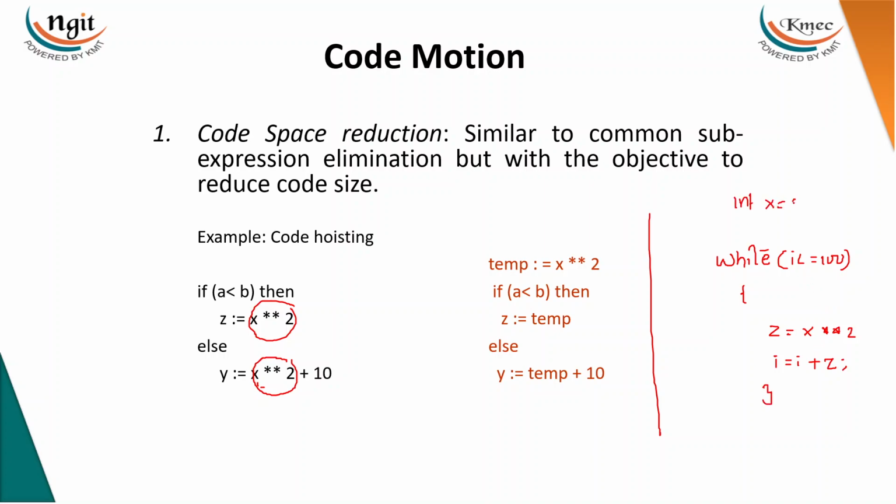Int X equivalent to 5. What is it? 25, right? Throughout the 100 iterations, the power need not be computed. Then you can move this code outside of it. Then you can write T equivalent to X power 2, and then you can write T here. So moving the code from inside to outside, we are reducing the computations of power here. That's the meaning of code movement.